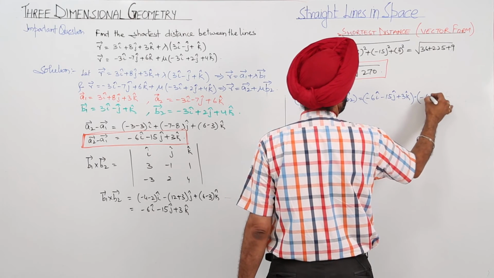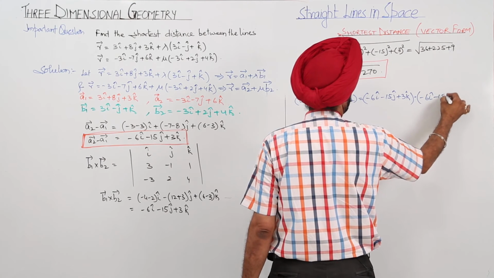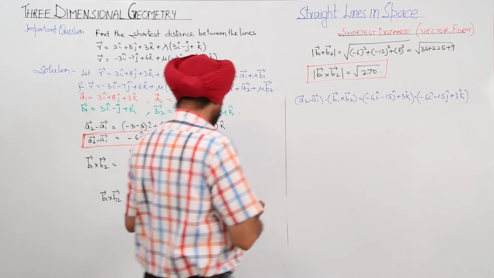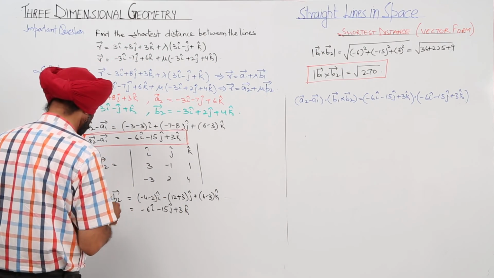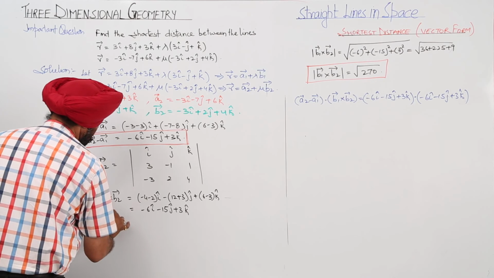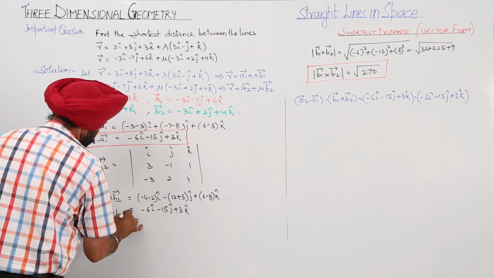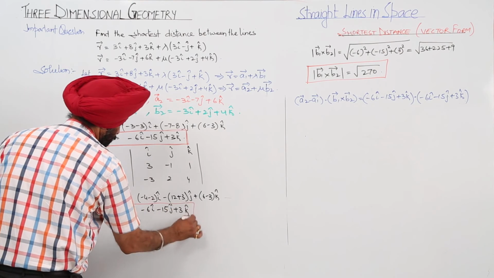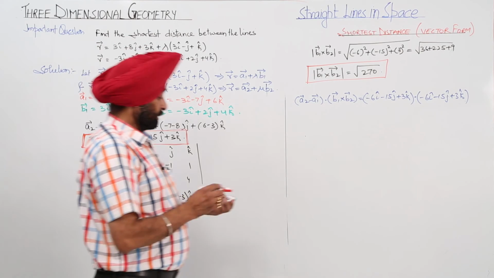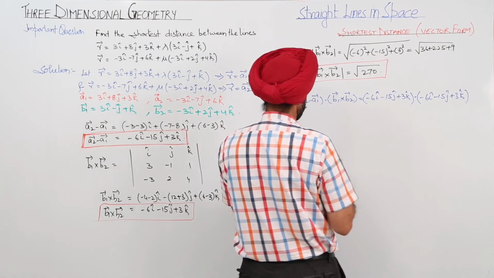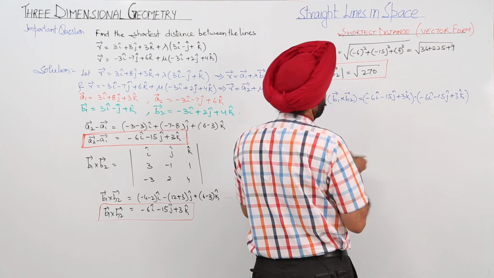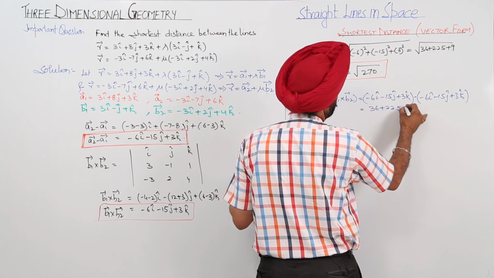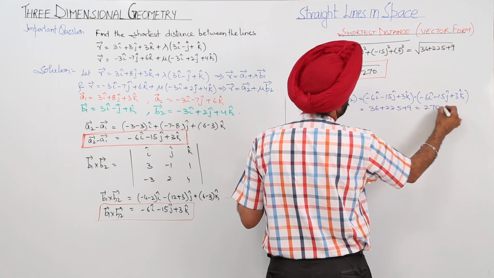Dot product with minus 6 i cap minus 15 j cap plus 3 k cap, because we are having the result for vector b1 cross vector b2. So this was the third part which we have to solve. Using the dot product, it becomes 36 plus 225 plus 9, and this is equal to 270.